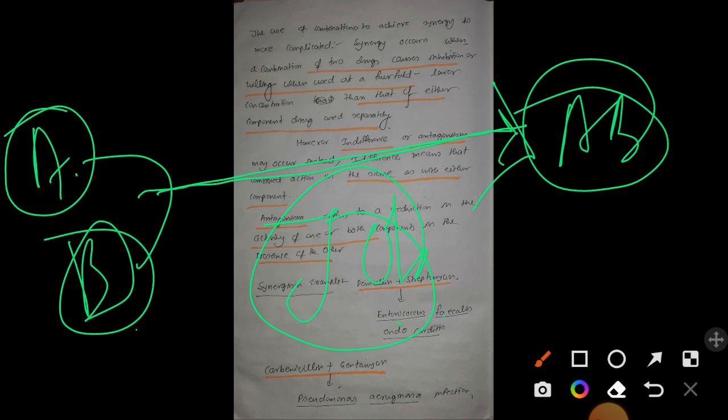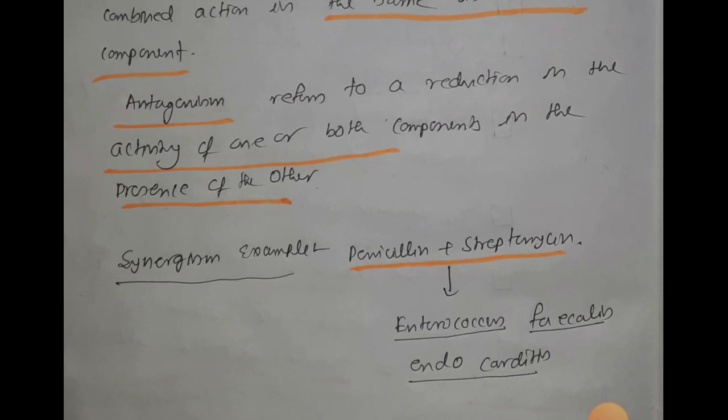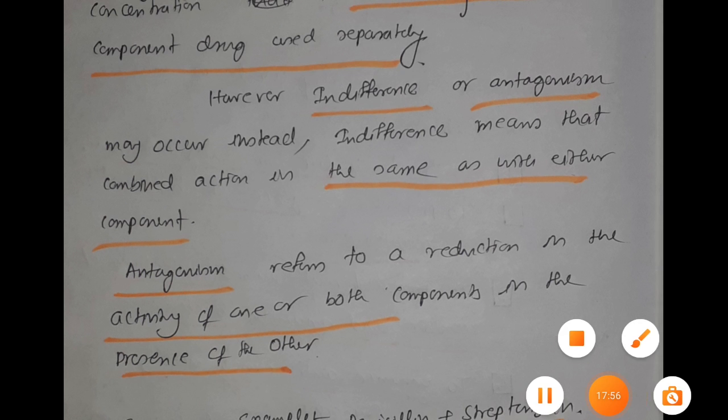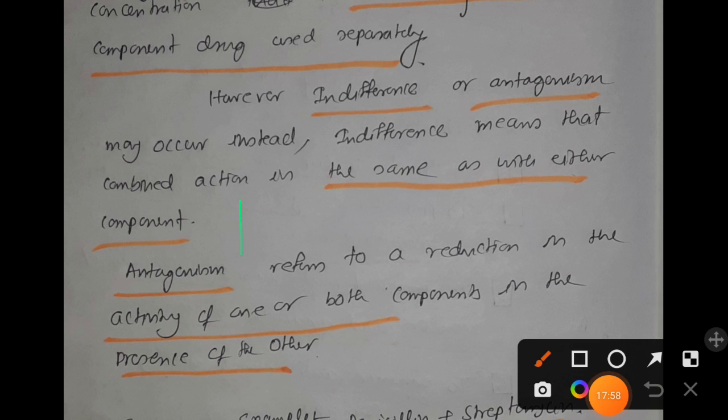Okay, so if we use A and B separately, the result we get is exactly equal to the mixture. That means if we use A antibiotic and B antibiotic separately, the result that we obtain will be exactly the same as when we use A and B in combination.